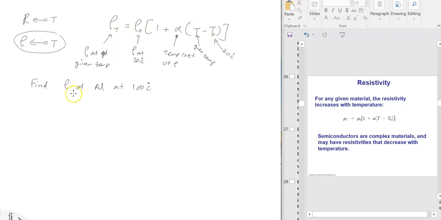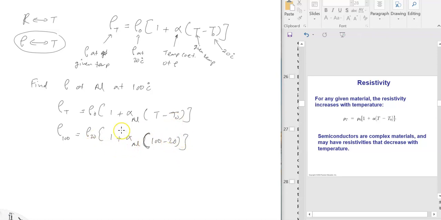Use the equation rho T equals rho naught, 1 plus alpha for aluminum, T minus T naught. Resistivity at 100 Celsius, rho 100, equals rho 20, 1 plus alpha aluminum, 100, that's the temperature, minus 20.